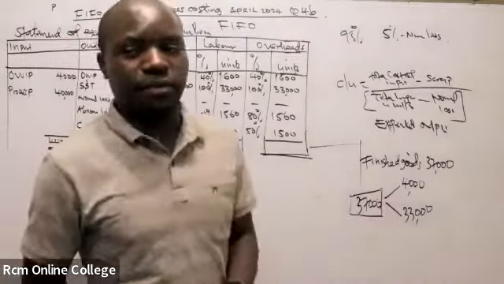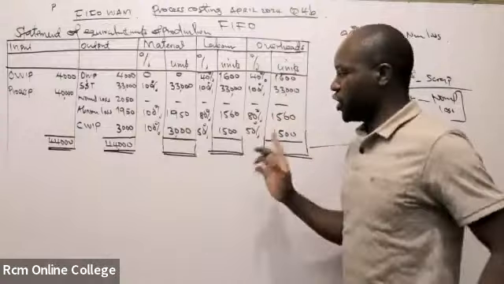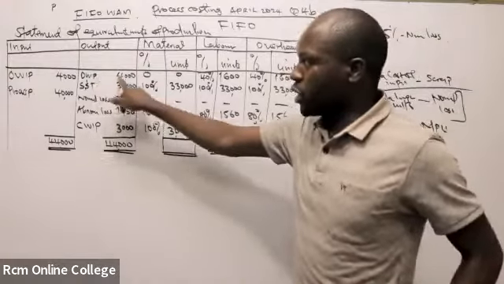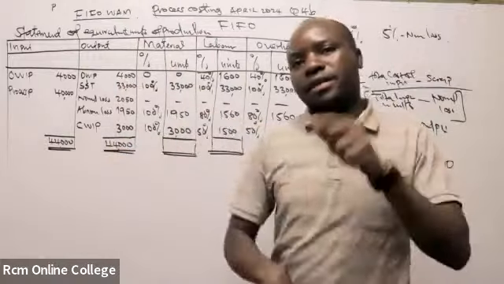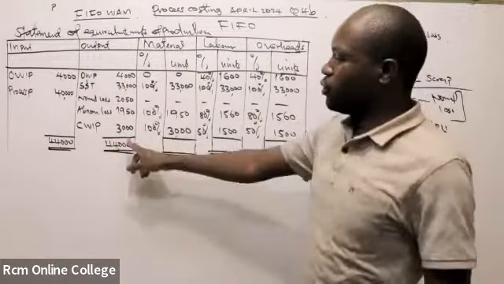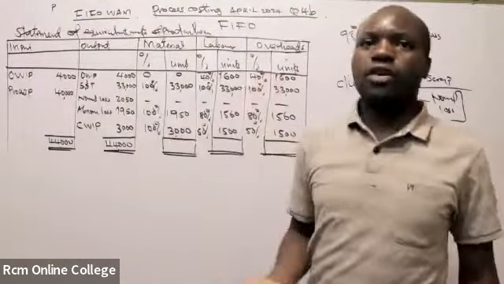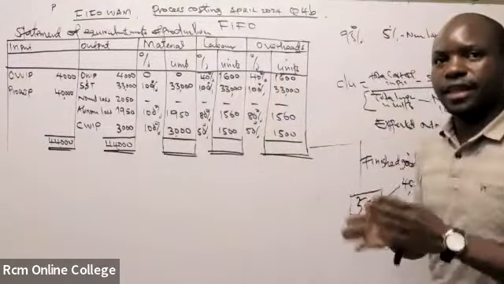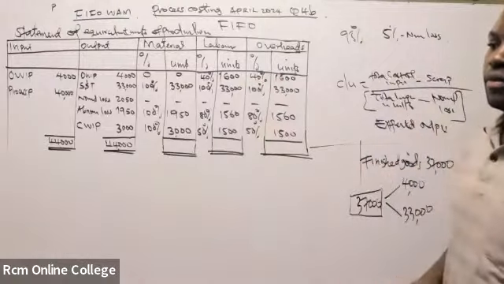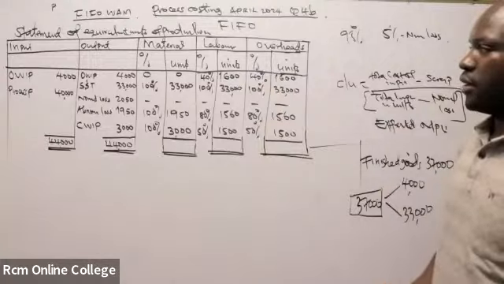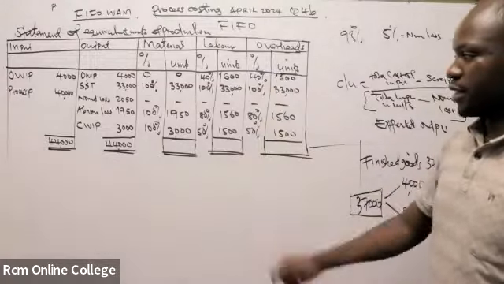Someone is asking themselves, why are you now changing these things? When you are talking about opening work in progress, you are taking the remaining percentage. But when you now come to closing work in progress, you take the figures the way they are given. Can you please tell us the direction to take? Why not 0%?